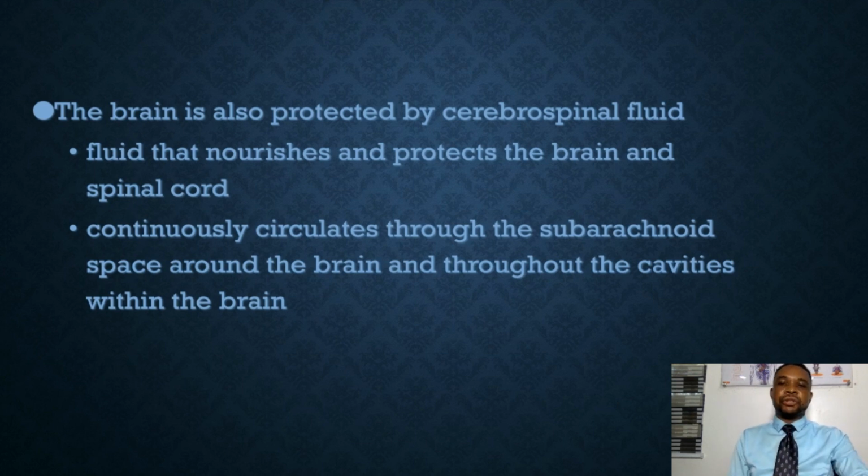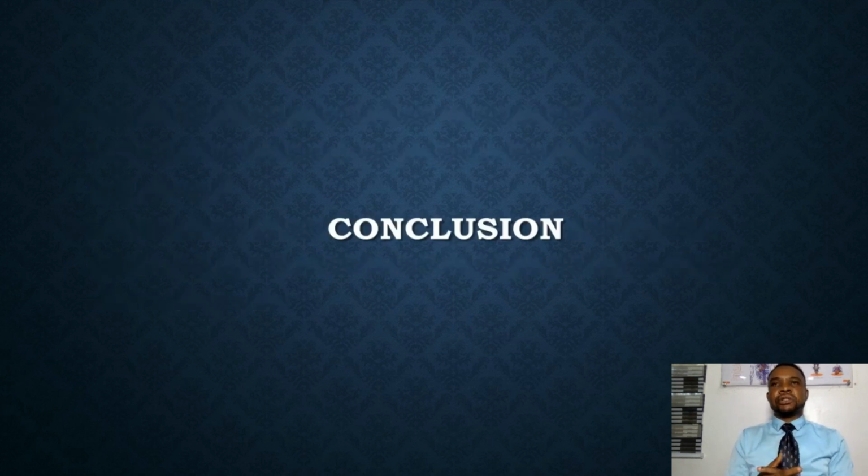So in conclusion, we have discussed the brain, looking at the various divisions of the brain. We've looked at the cerebrum. We've looked at the layers of the cerebrum, which we talked about as the cortex and the medulla.